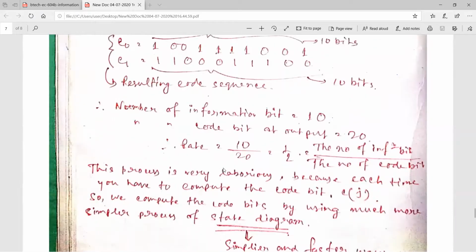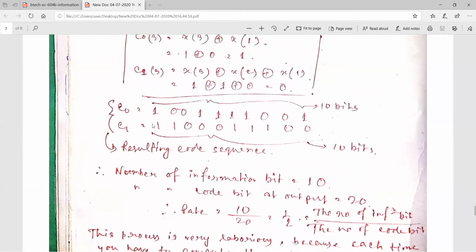And also you will be asked to calculate the code rate. As you know, for the convolutional code the rate will always be half, and this is the formula: the number of information bits divided by the number of code bits.